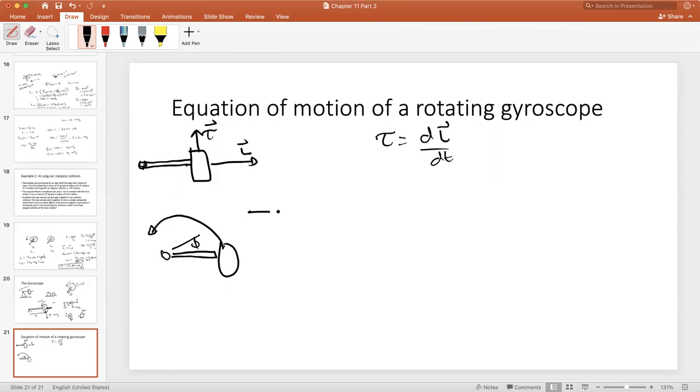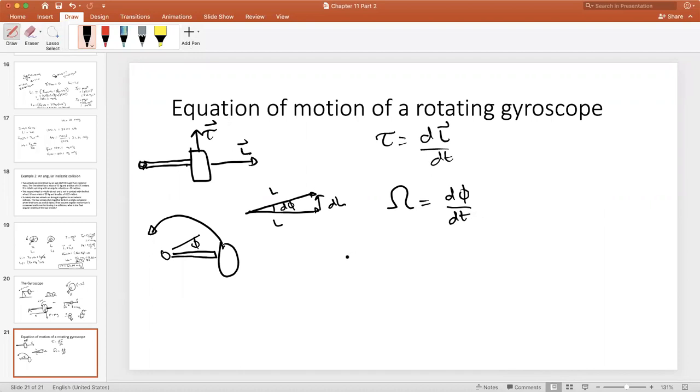Now, first of all, assuming that L is constant, we have some d phi and some dL, okay? And what we want to define is something called big omega, which is phi divided by t.